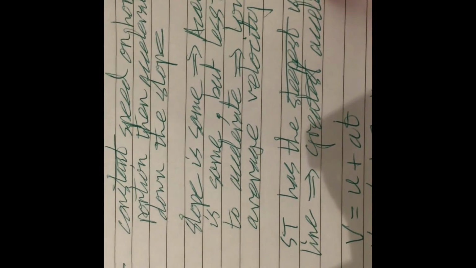The section of the graph ST has the steepest upwards line. So steepest gives us the largest value of either acceleration or deceleration, and an upwards line tells us it's an acceleration. If it's sloping downwards, then it's a deceleration.